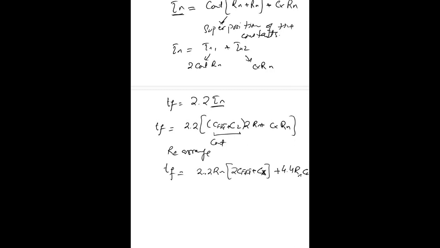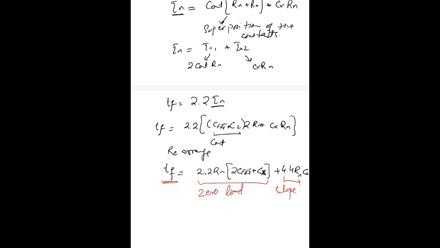So the first term represents zero load, and the constant here, the 4.4 Rn, represents the slope of Tf. So the slope of Tf can be represented by this expression.